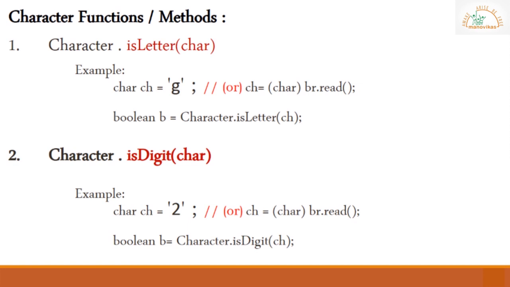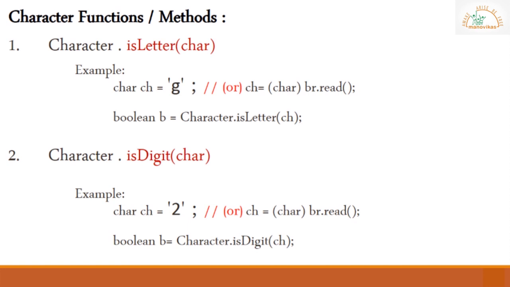The next function is isDigit of. isDigit is a function which is used to check if the inputted character is a digit or not. If it is a digit, then it will give the result as true, otherwise it will give the result as false. In my example, I have considered the character as 2. 2 is not a letter, it is not a symbol, it is a digit.